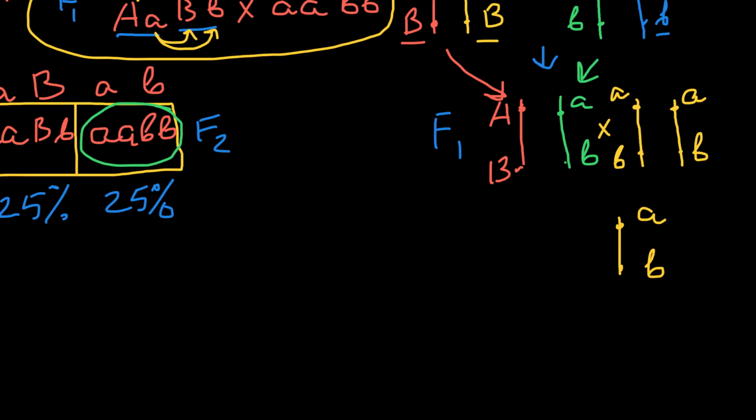All the gametes would be of one type, but this parent can produce gametes of 4 types. So take a look at what's going to happen.